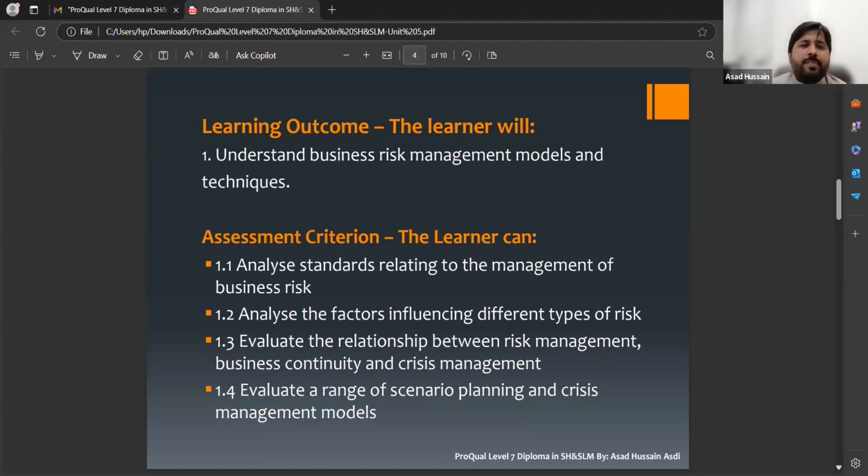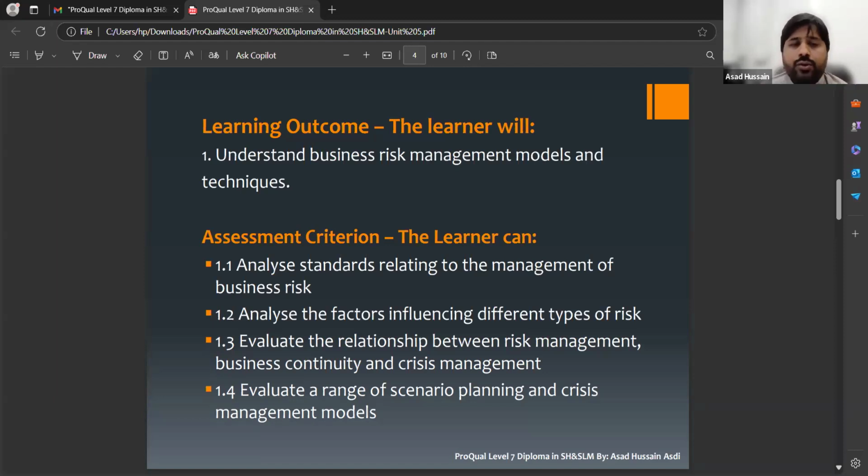The first one is ISO 31001, RMS, sorry, risk management system. The standard number is 31,001. It is all about business risk management.